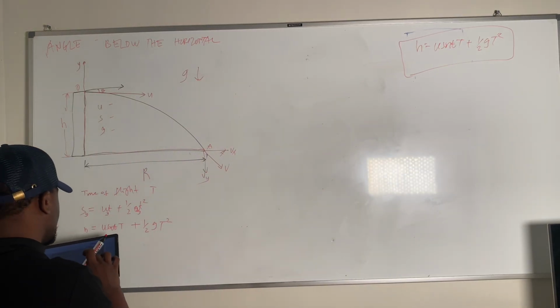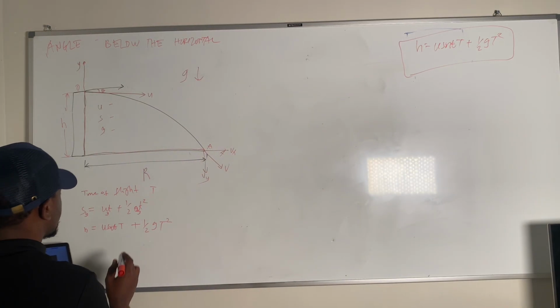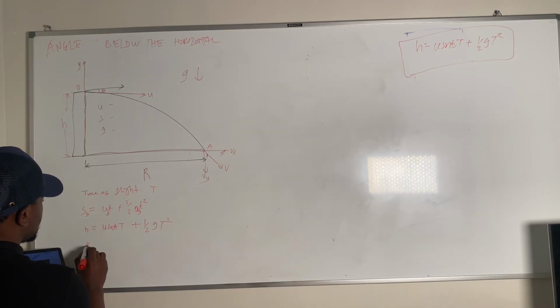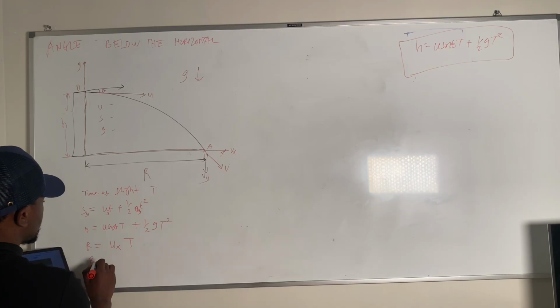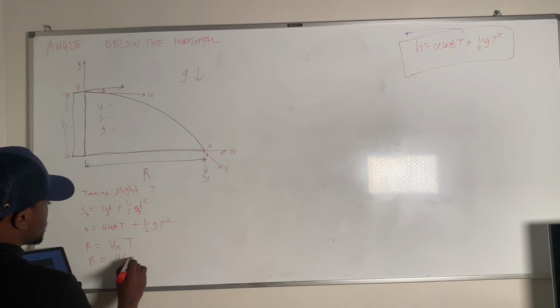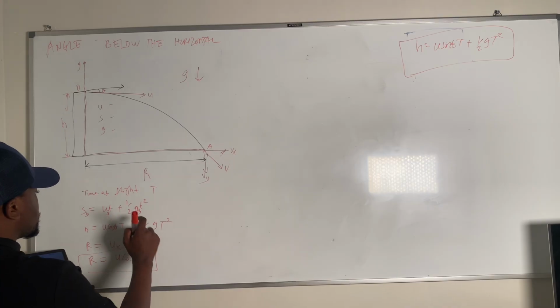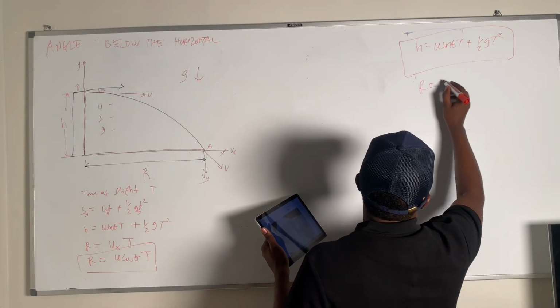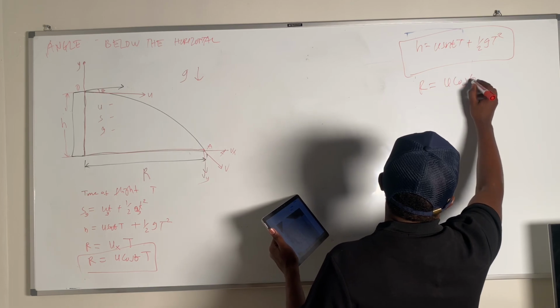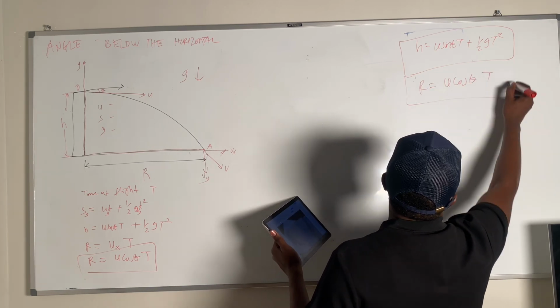Again, to calculate the horizontal range, R is equal to u x times t. So the range will be equal to u cosine of the angle times t, where t is calculated from this formula here. So the range R will be equal to u cosine theta times t.